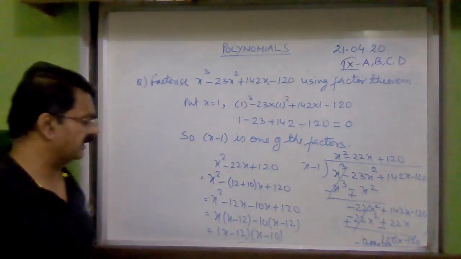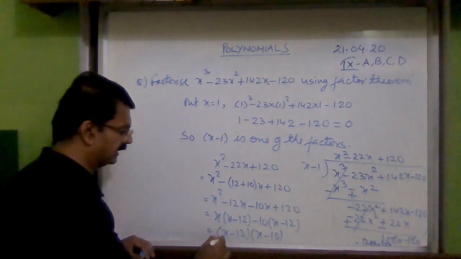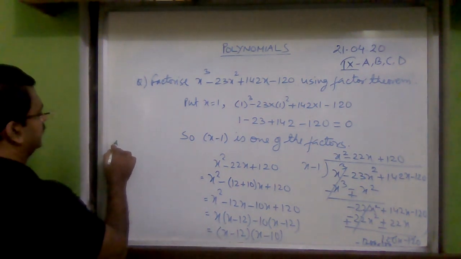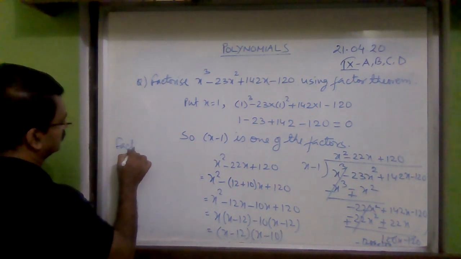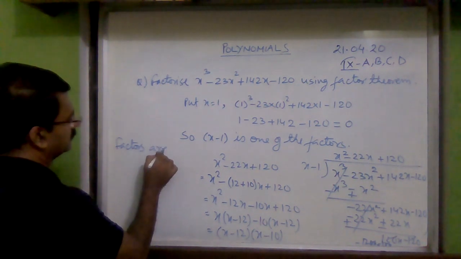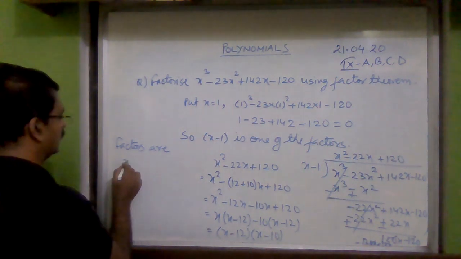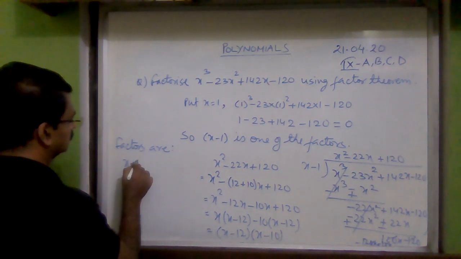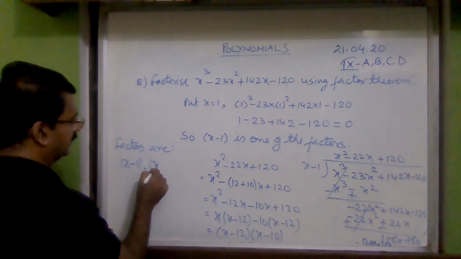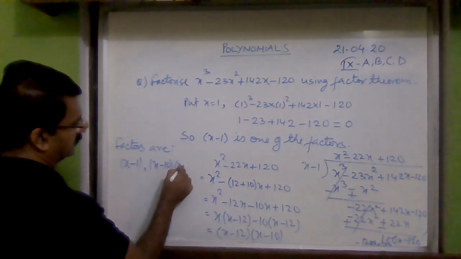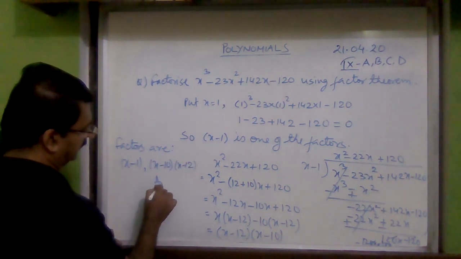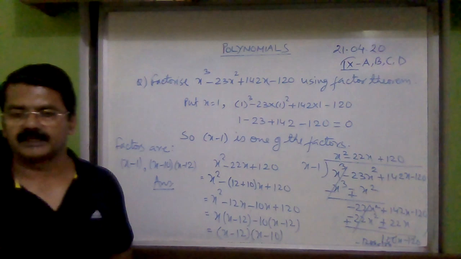So the remaining 2 factors are x minus 12 and x minus 10. So the factors are one factor we have already obtained, x minus 1, x minus 10, x minus 12. These are the 3 factors of the given expression.